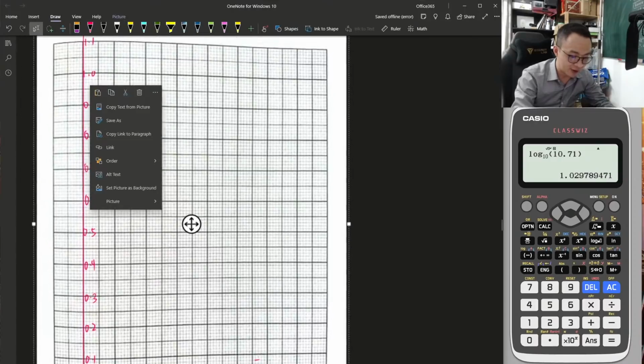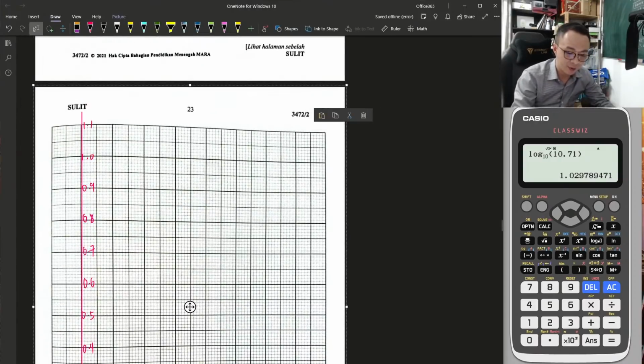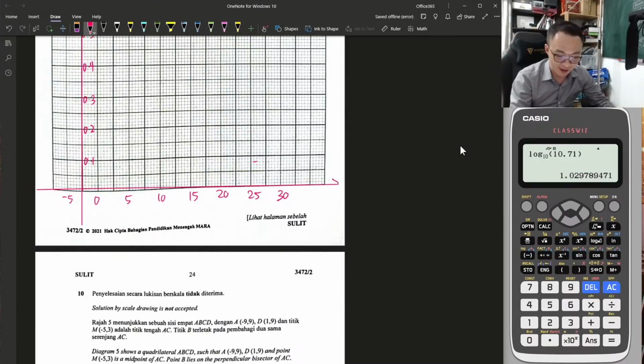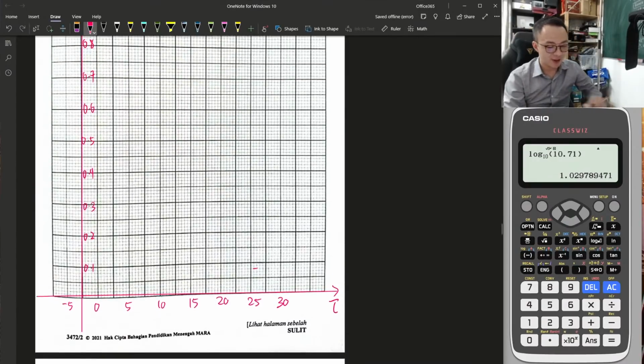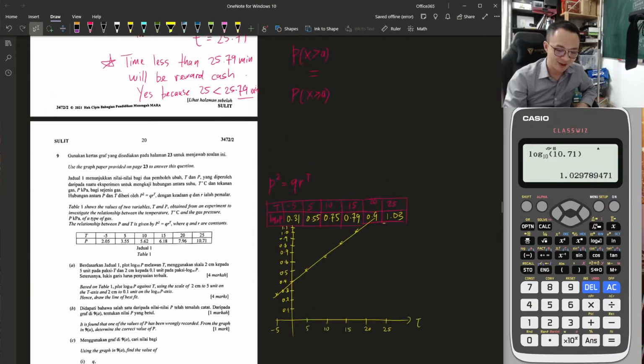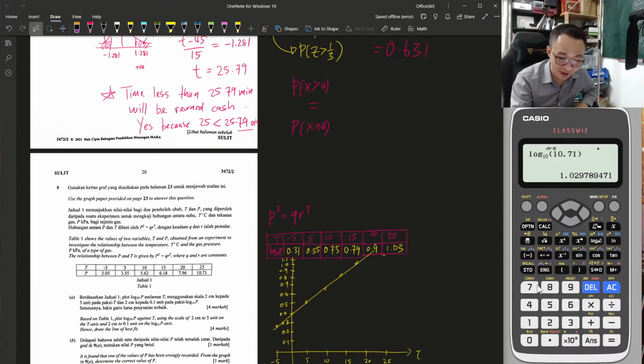So let's zoom in now. So this one is basically log 10p, and this one is actually t value. So we will just plot accordingly. Can I crop it? Yeah, I believe I can crop this table and bring it to the bottom.